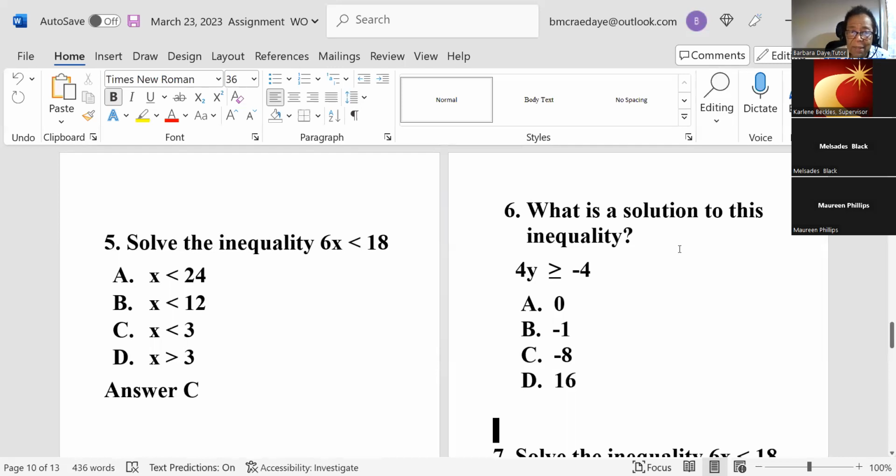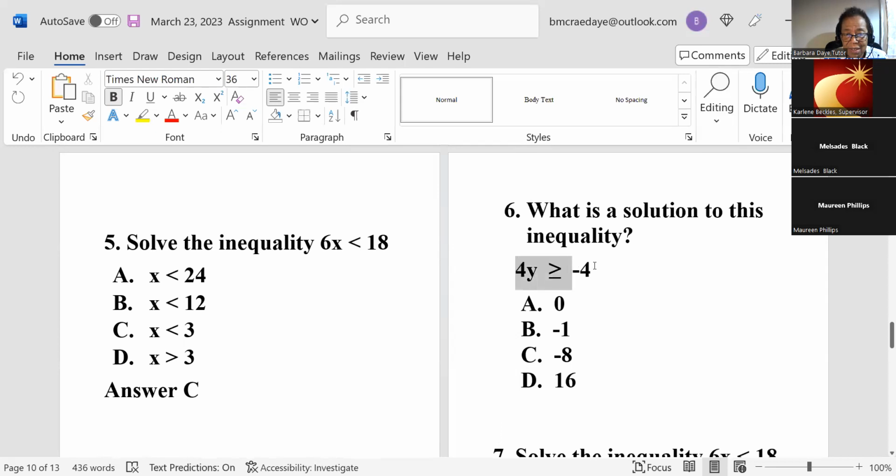Mercedes can tell me. Mercedes, how do you solve this inequality for y? First, I take away 4 on both sides. Wait, why are you taking away? I don't see a plus. 4y is a product, multiplication, right? Yes, 4y means 4 times y.